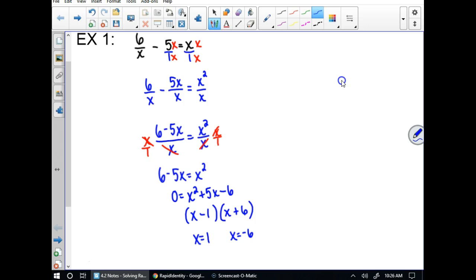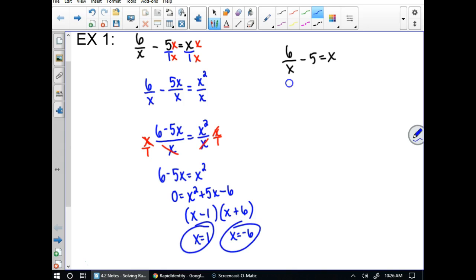So I just need to go back to that original equation, which was 6 over x minus 5 equals x, and make sure that if I plug these numbers in, it's not giving me a 0 in the denominator of a fraction. So if I plug in 1 right here, then I'll have 6 over 1. That's fine. If I plug in negative 6, I'll have 6 over negative 6. That's fine as well. So both of these are my answers.